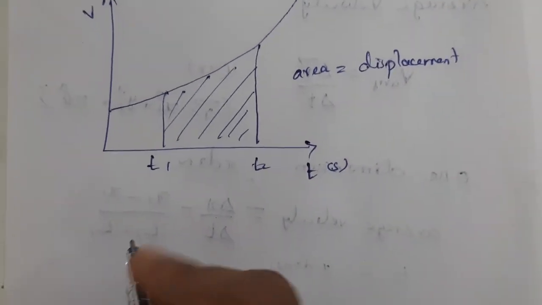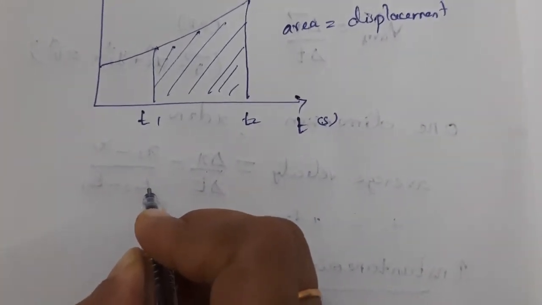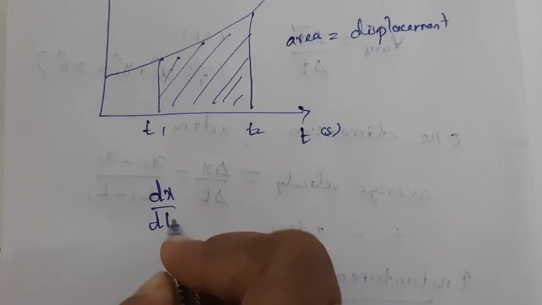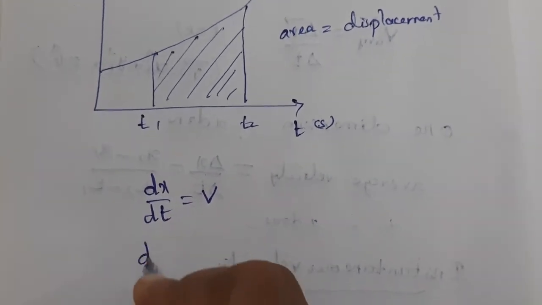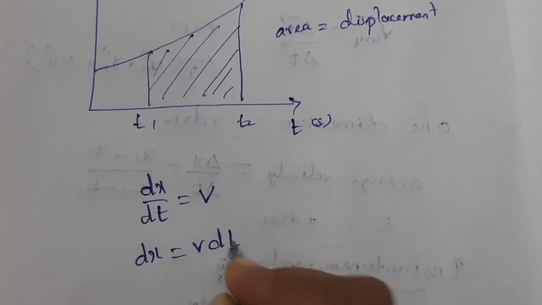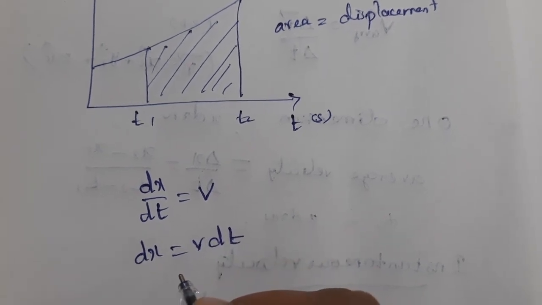We know that the velocity formula, that is dx by dt is equal to v. From this we can write dx is equal to v into dt.